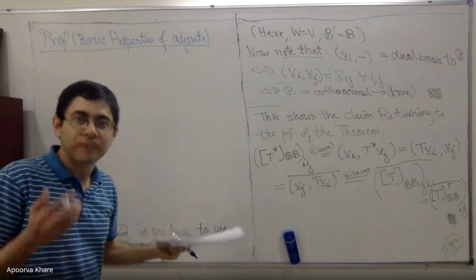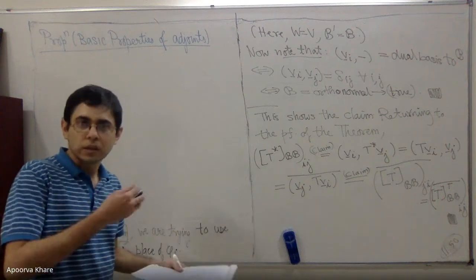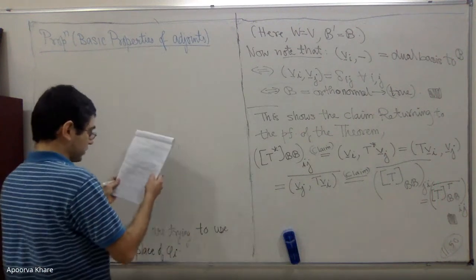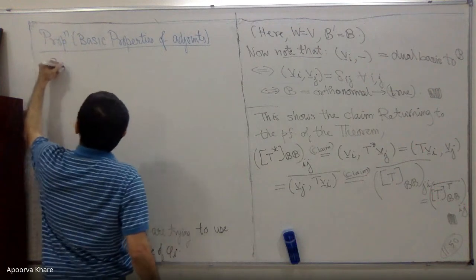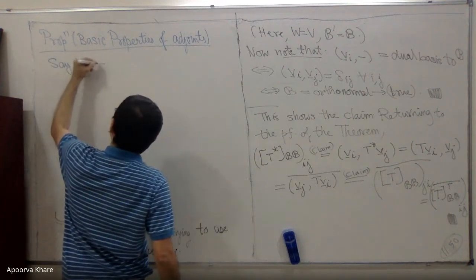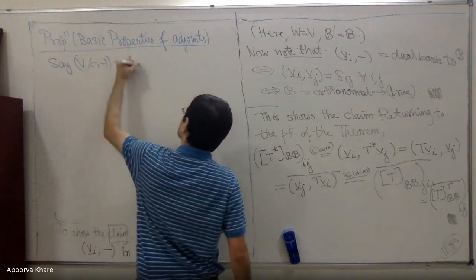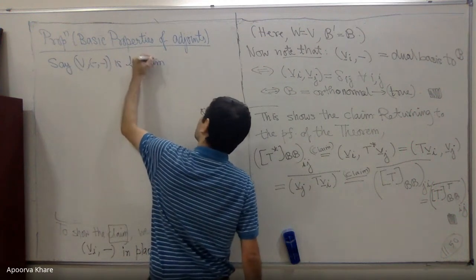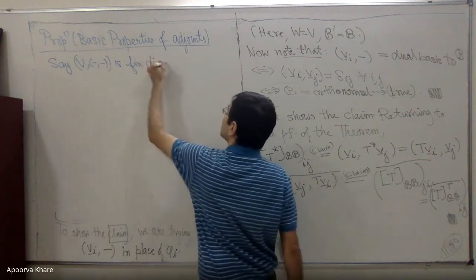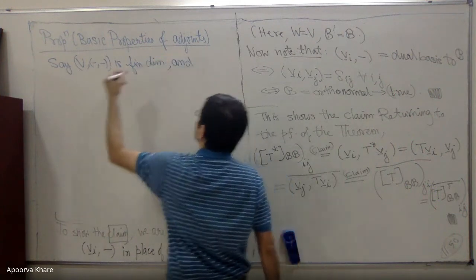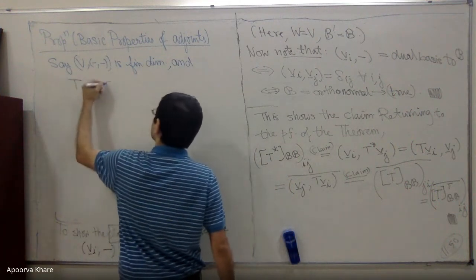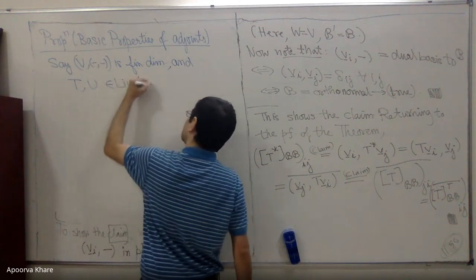So now again I have a finite dimensional inner product space V, again over the real numbers or complex numbers only, and you can write down some properties of linear maps. Let's say I have two maps, T and U, linear maps from V to V.